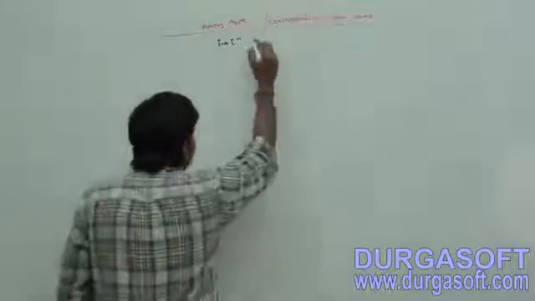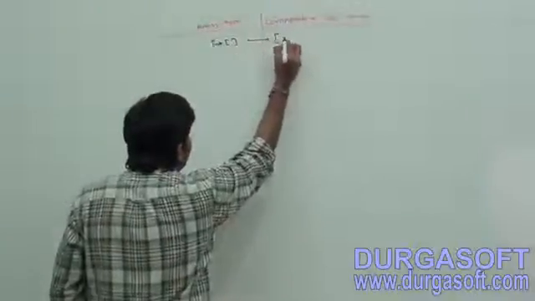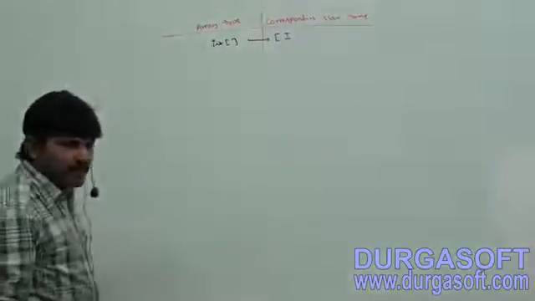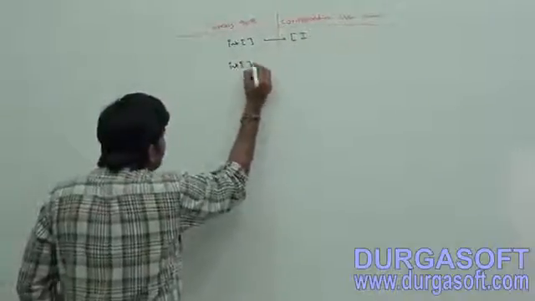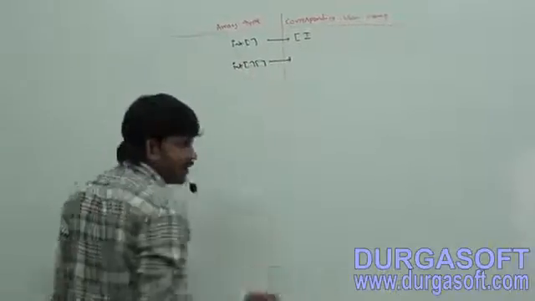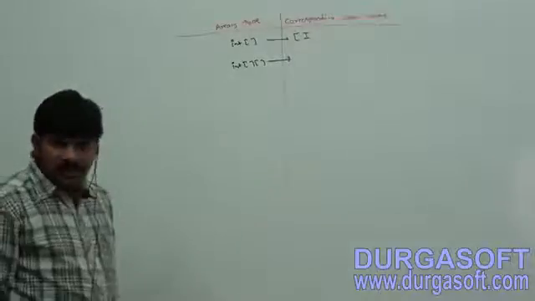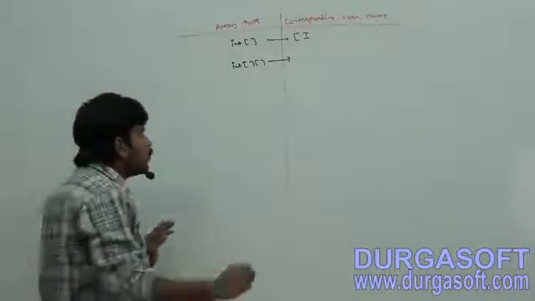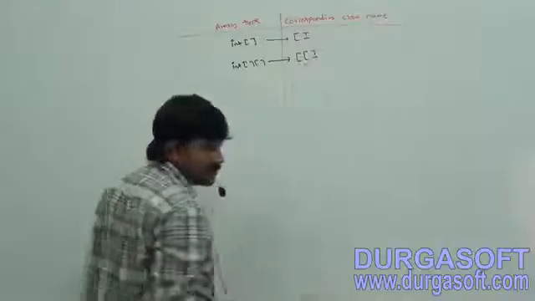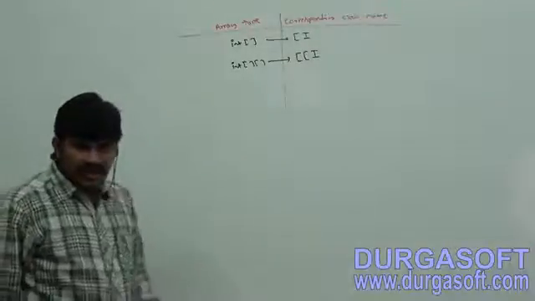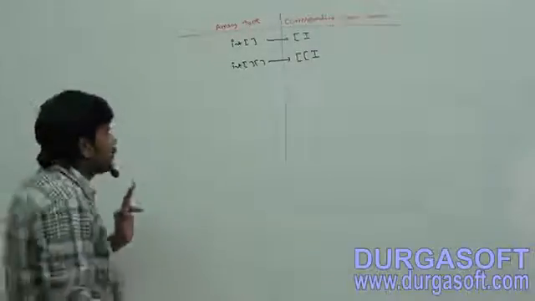Can you tell the corresponding class name? It is [I. Now a two-dimensional int array: here it is [[I.